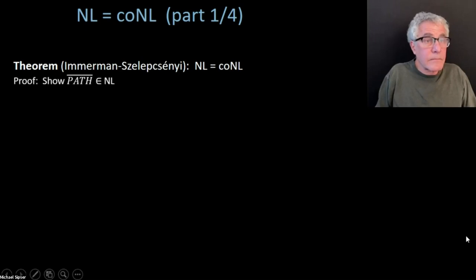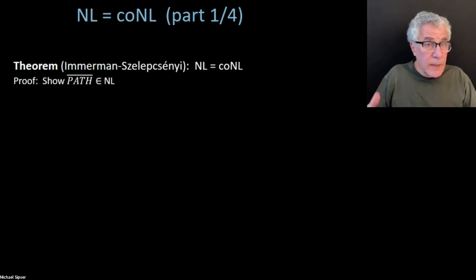So first of all, the way we're going to solve this is by showing that the complement of path is solvable in NL. Since path is complete for NL, the complement is complete for coNL.